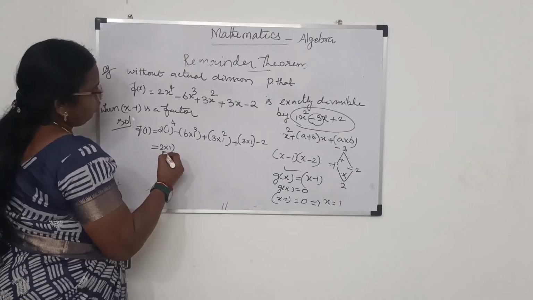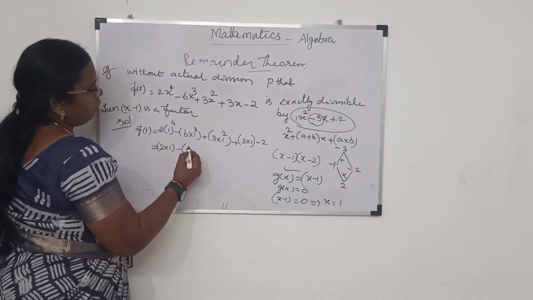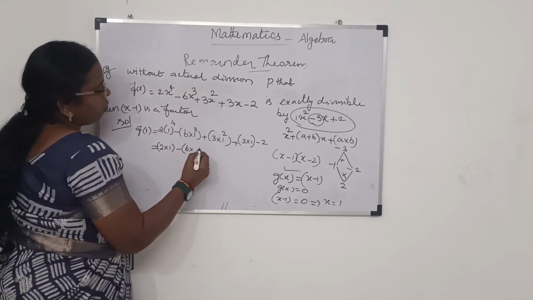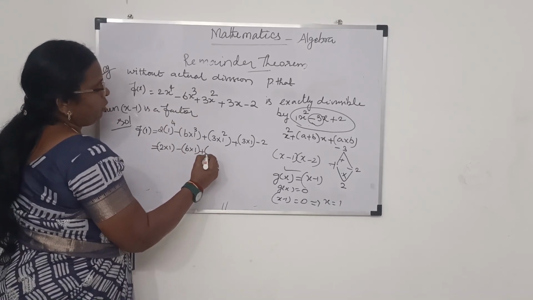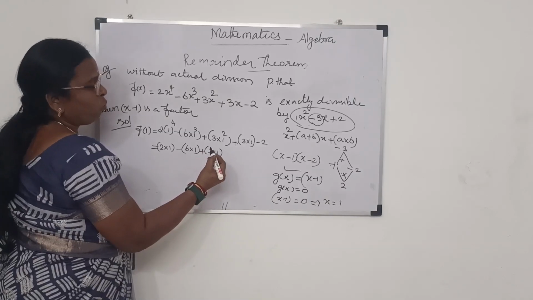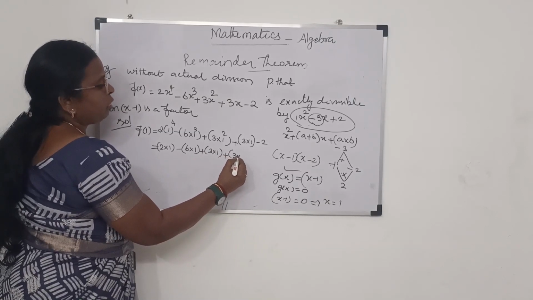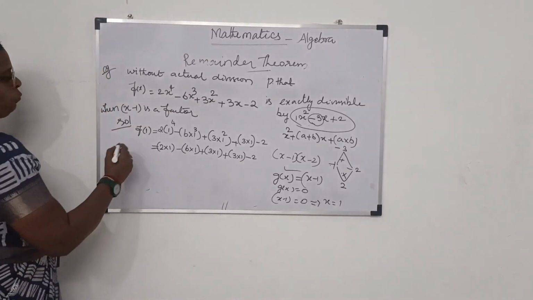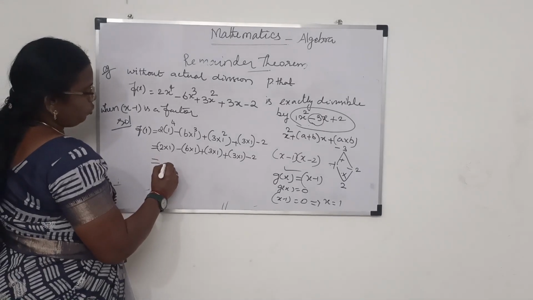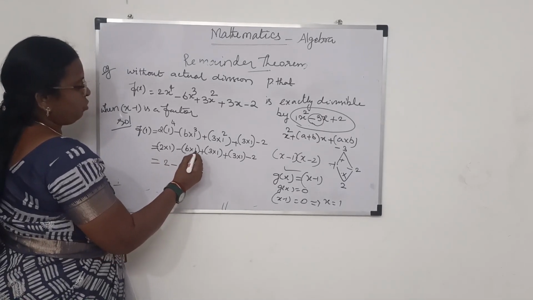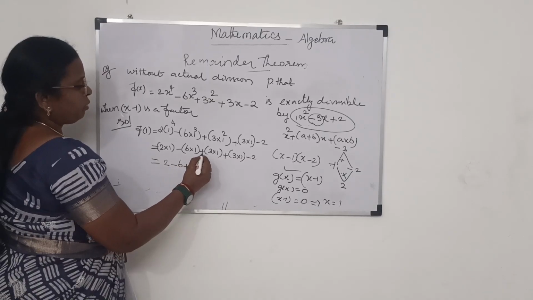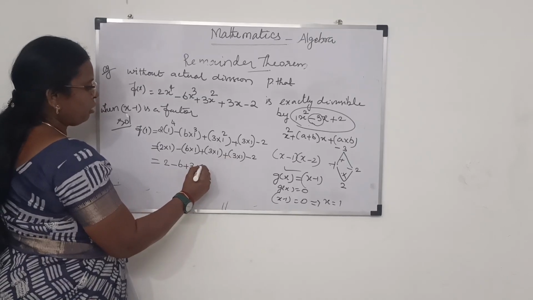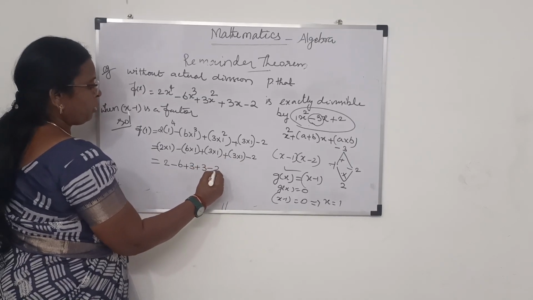So 2 into 1, 6 into 1, just now I told you, 1 to the power any number is equal to 1. Plus 3 into 1, plus 3 into 1, minus 2. So 2 ones are 2, minus 6 ones are 6, plus 3 ones are 3, plus 3 ones are 3, then minus 2.